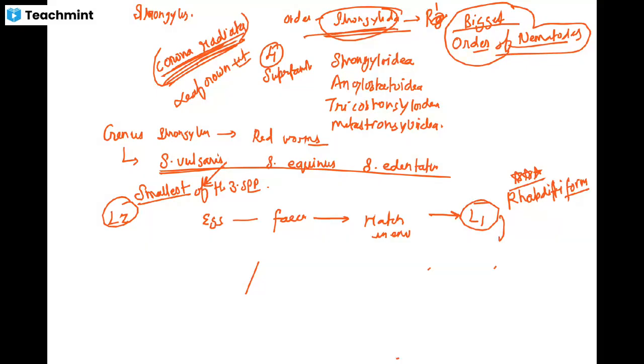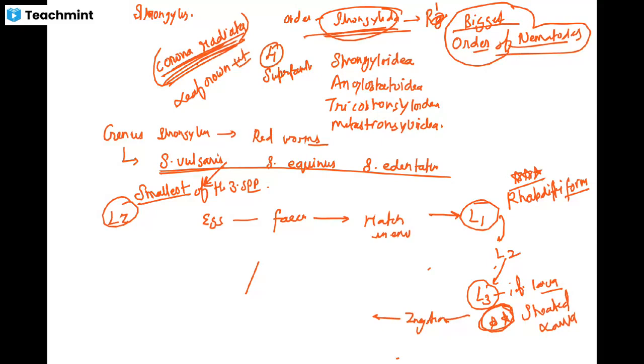It molts into L2, then L3, which is the infective larva. It has a sheath. There is another important thing: it is a sheathed larva. Then there is ingestion of L3. Then there is exsheathment in the intestine.